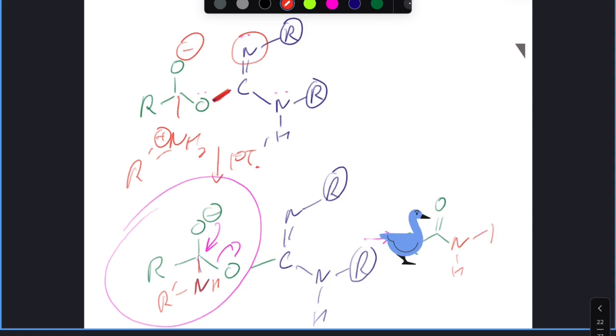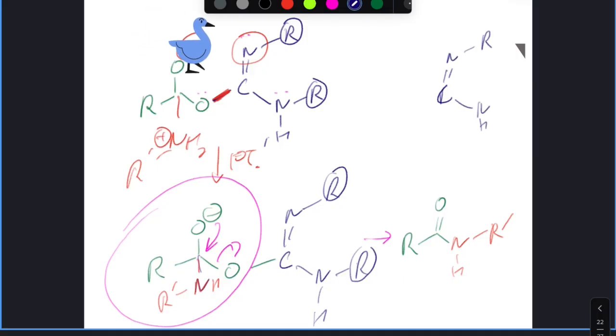For the rest of the molecule, we just have to show what happens to it. We've got our carbon double bonded to nitrogen, R, NH, R, and our O minus at this point. We've ejected this as a resonance-stabilized fragment.